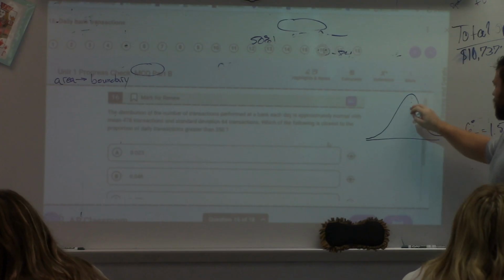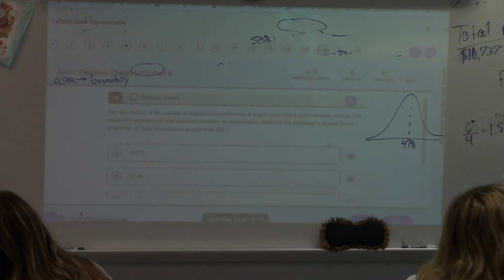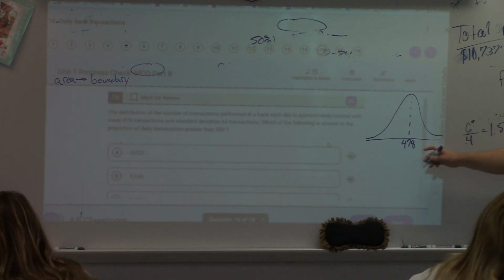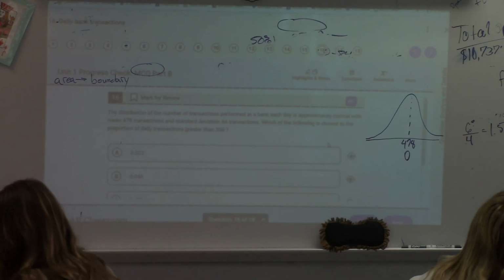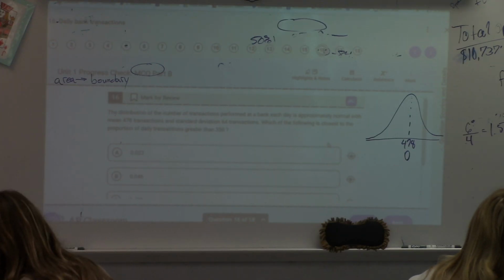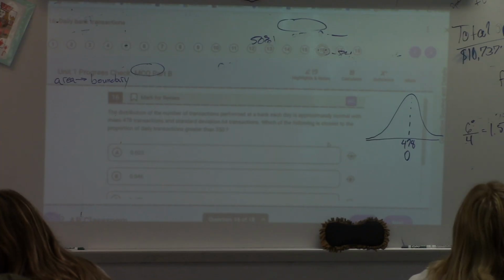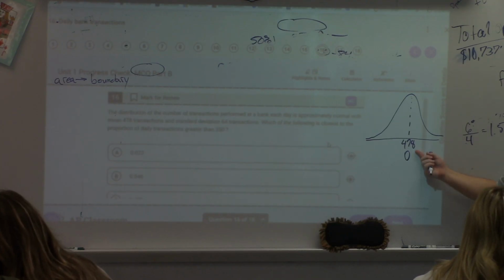478. I do want to point this out: if I'm ever drawing this out, I'm going to put the actual value like this, but then I'm going to put a 0. What is that 0 representing? That's my z-score. The standardized normal distribution is centered at 0 and has a standard deviation of 1. It says the standard deviation is 64 transactions, but I don't want to take the time to do 478 plus 64.